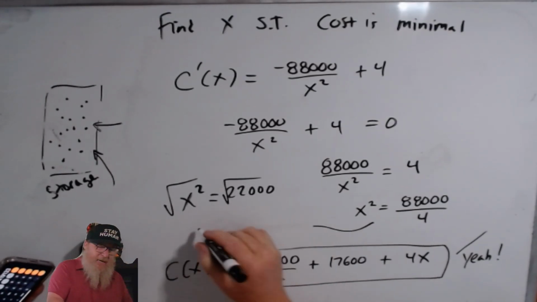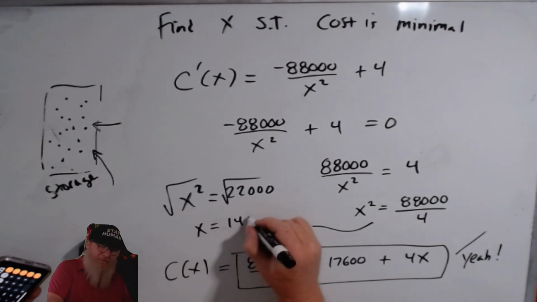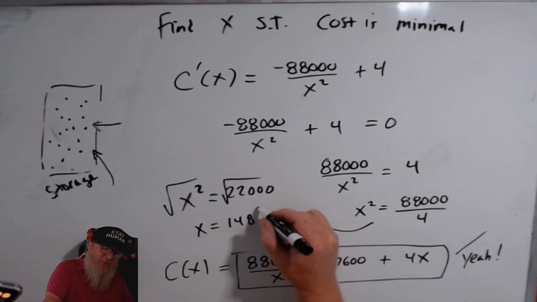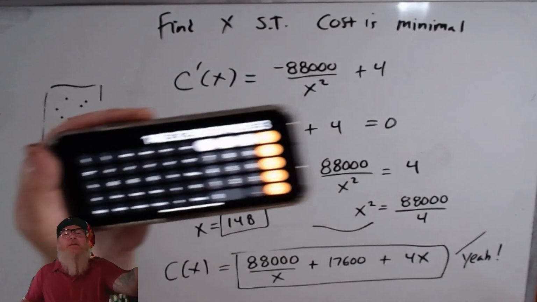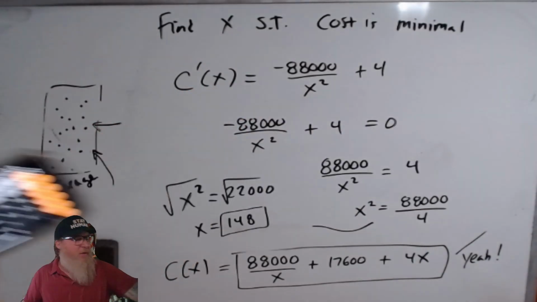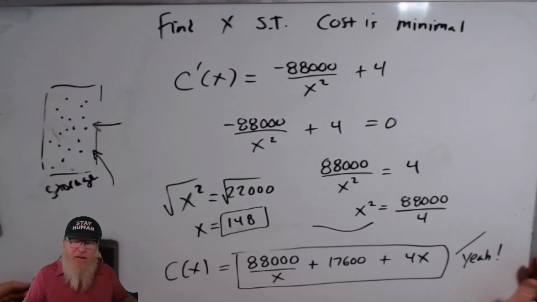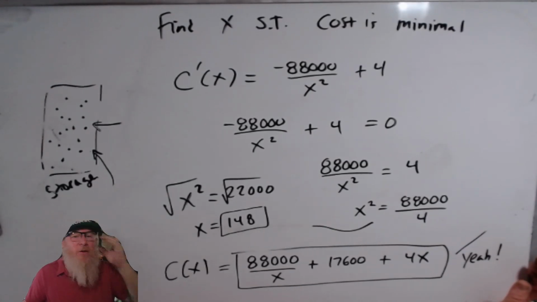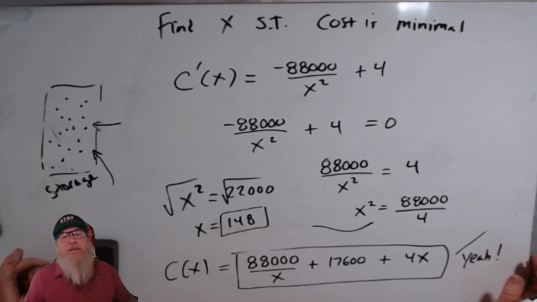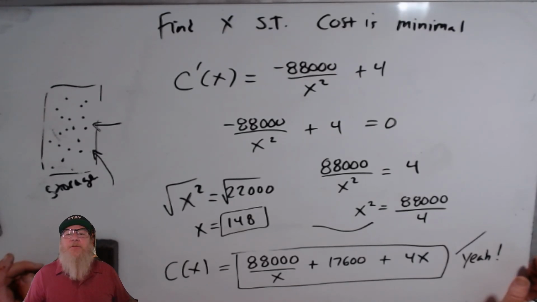So you're going to get x is 148. You do have to round. So 148. I was really hoping for a better number. I sure hope I didn't make a mistake because it's too late to go back now. 148 pairs of shoes.